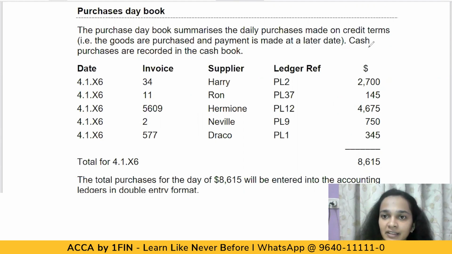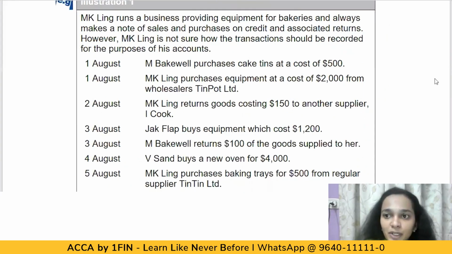So let's have a look at an illustration based on the purchases day book and sales day book. Here you are going to give me the answers; I'm only going to ask you the question. MK Ling runs a business providing equipment for bakeries and always makes notes of sales and purchases on credit and associated returns.